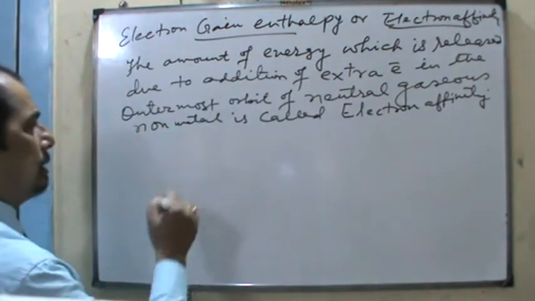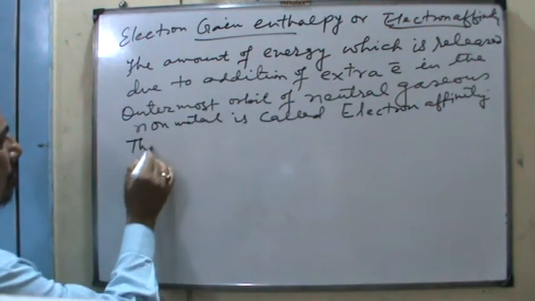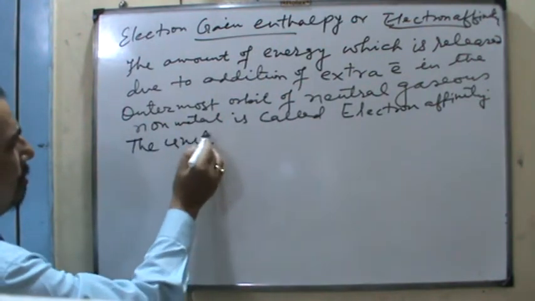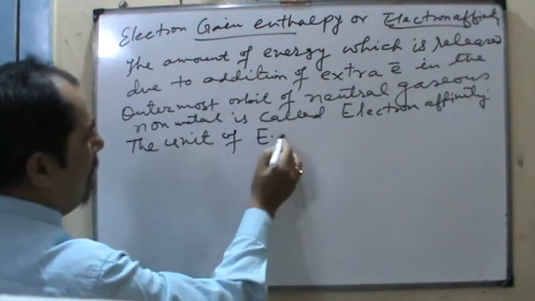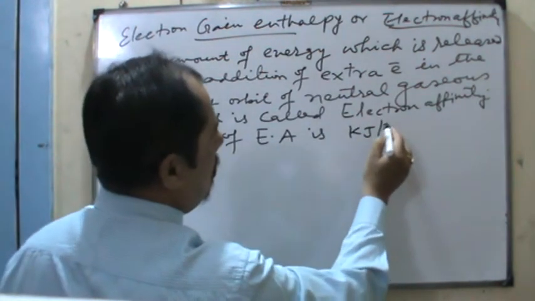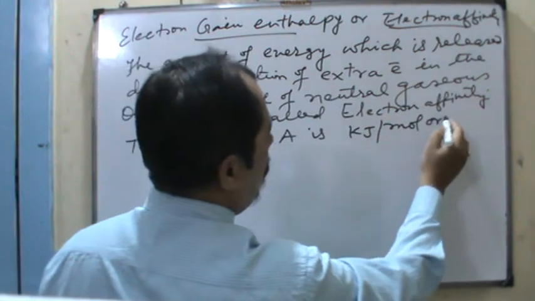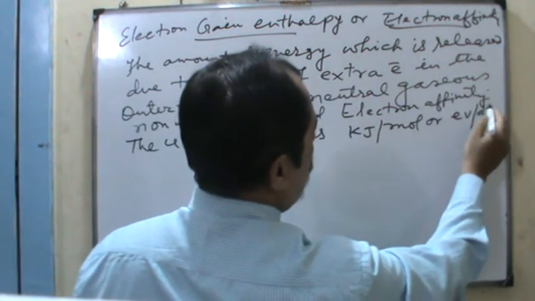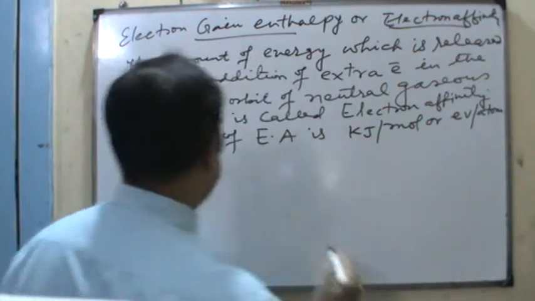Right? See, the unit of electron affinity is kilojoule per mole or electron volt per atom.